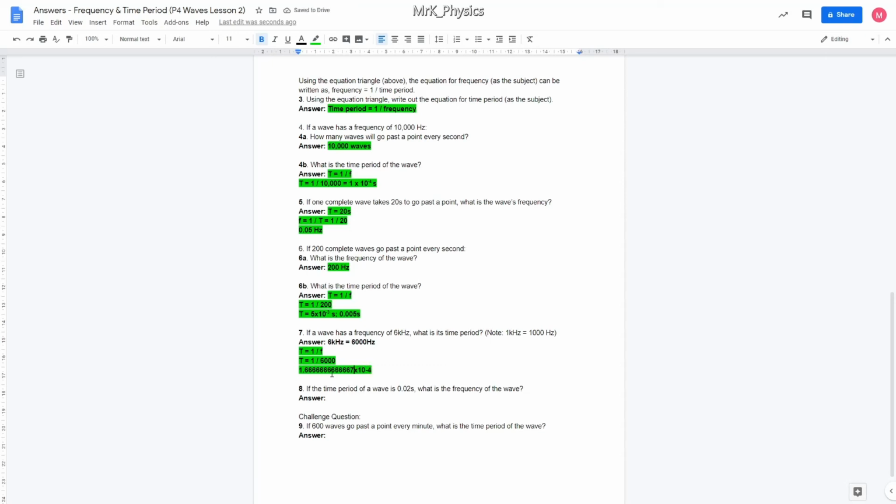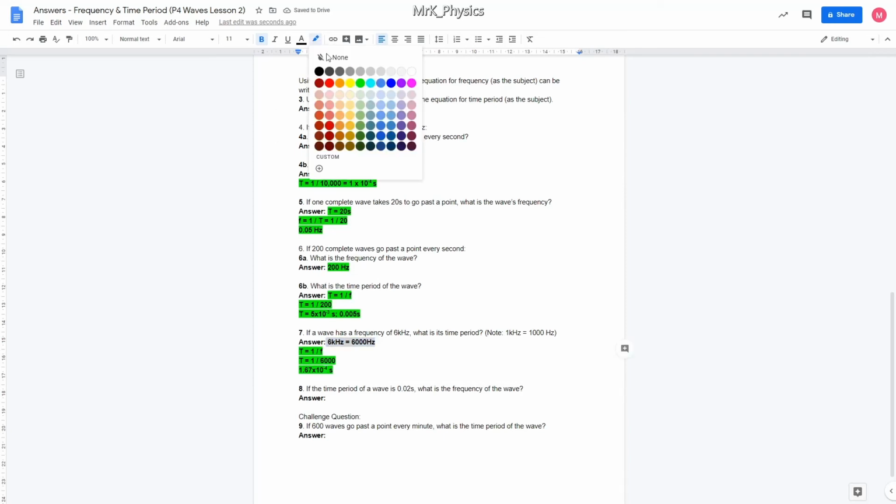However, what I'm going to recommend you do, just break that down to a 3 significant figure answer. We'll go 1.67, just going to round that up, times 10 to the minus 4 seconds, because it's time period, or of course you could use decimals, which is fine as well, but I'll stick with standard form just so that we can keep getting more and more used to it. Let's just highlight that one as well.